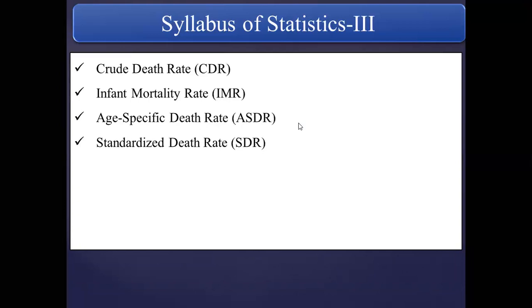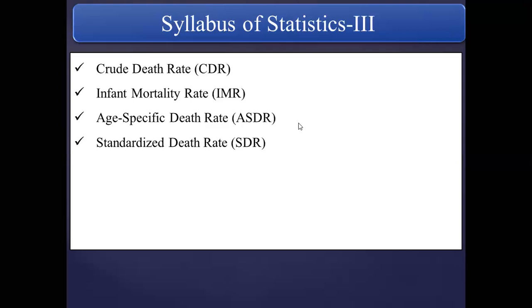So for that purpose, we need to find age specific death rate, because when you find crude death rate and infant mortality rate, they totally ignore age category. And when you ignore age category, you will mislead the interpretation or result. That is why we need to find age-wise or category-wise death rate. Again, the formula is the same as we discussed in crude death rate.